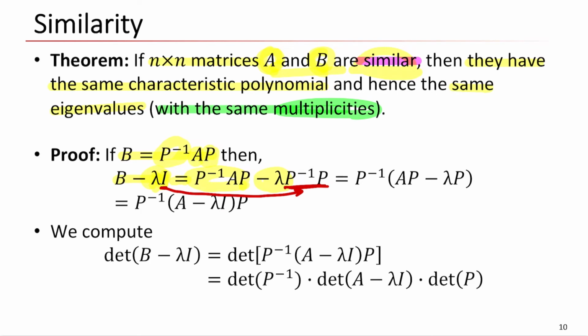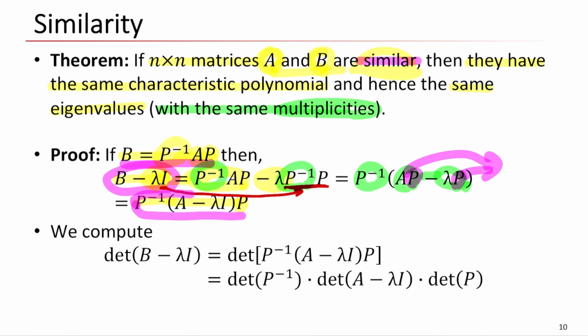Then by extracting P inverse on the left and P on the right, there remains P inverse times A minus lambda I times P, right? So in other words, if A and B are similar, B minus lambda I and P inverse times A minus lambda I times P are the same, right?